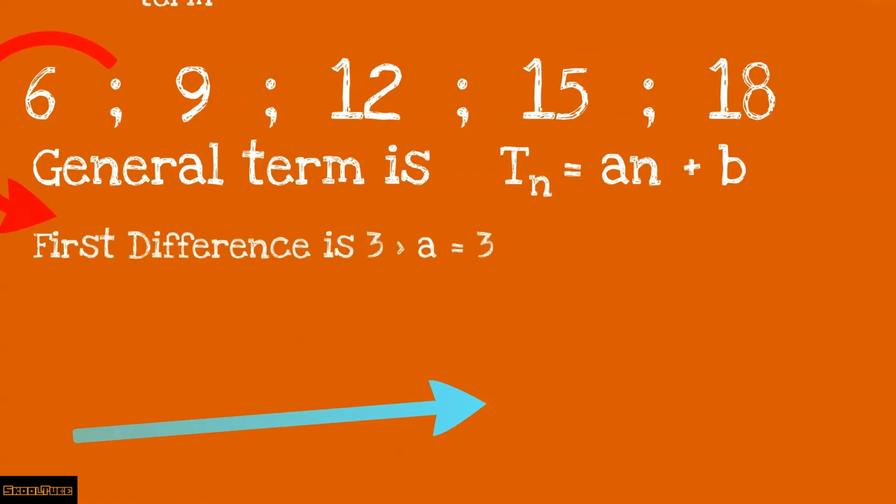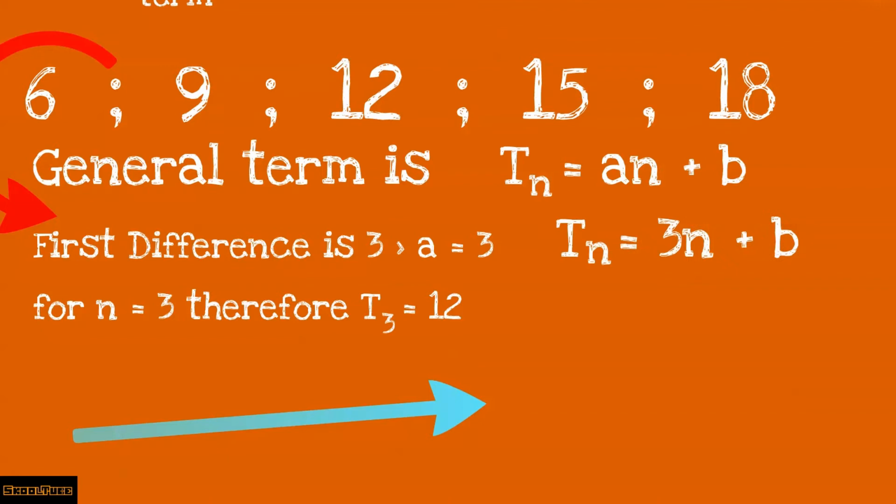We said that our first difference is 3, so a is equal to 3. And if we choose n to be 3, we can say T3 is equal to 12 because the third term is equal to 12. So if we chose n to be equal to 2, we could say T2 is equal to 9 because 9 is the second term. So Tn is equal to 3n plus b.